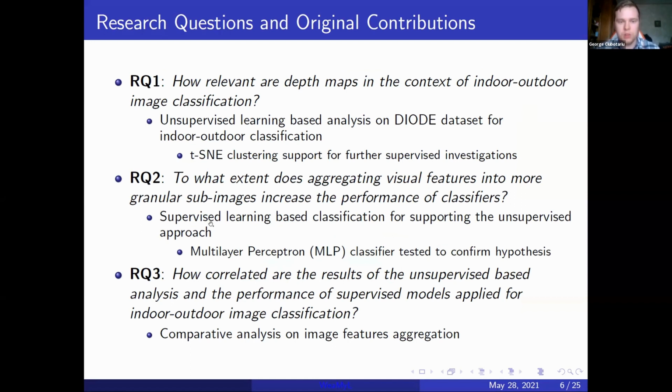The features that we extract from the images are going to be aggregated from different sub-images of different granularity. And to confirm the hypothesis, we're gonna input the features into an MLP classifier, and we're gonna compare the results in the end to see how correlated the results are.